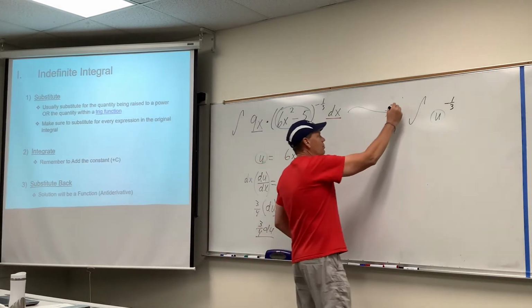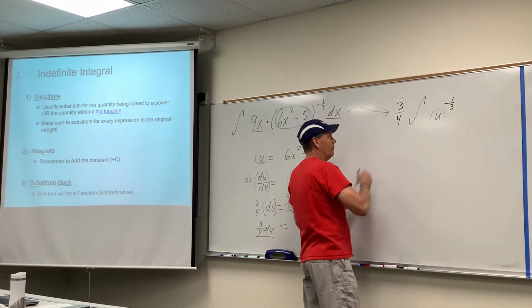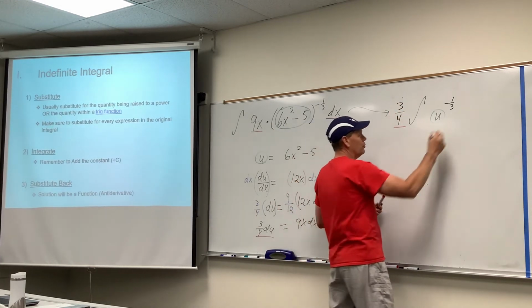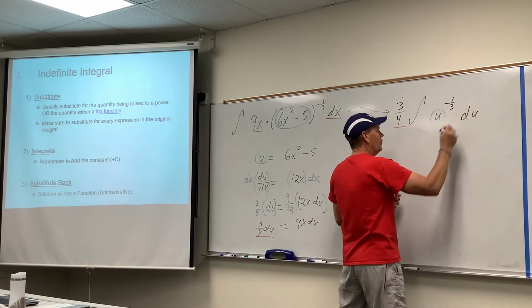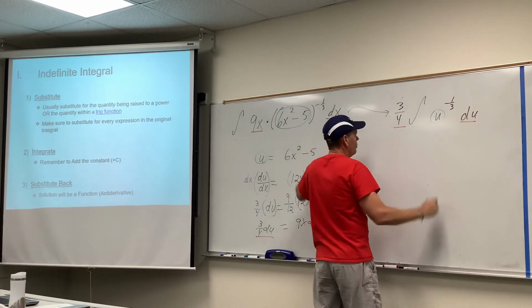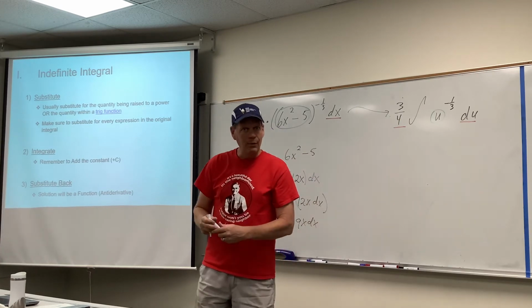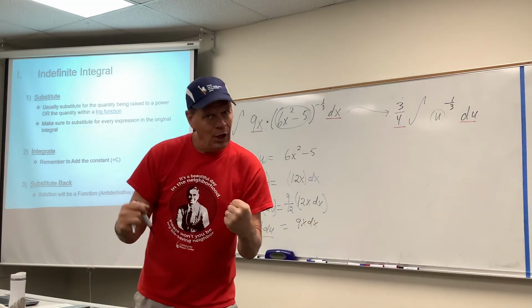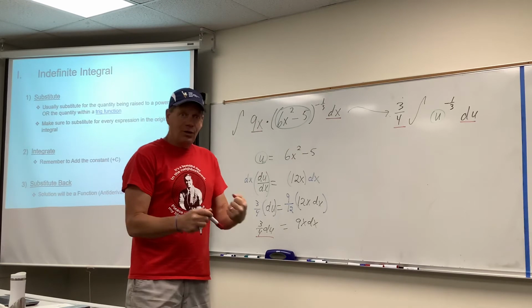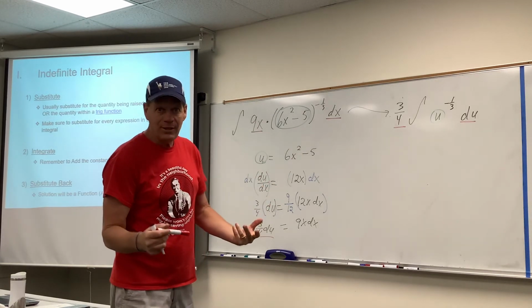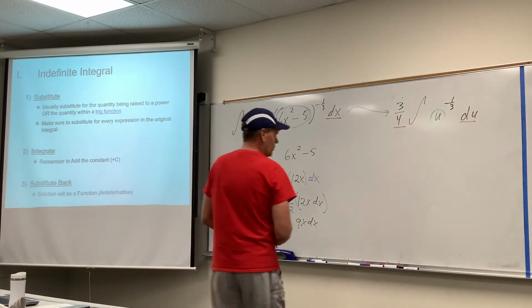I always put the numerical multiplier in front of the integral just to avoid confusion, and then the du. So the 9x dx got replaced with 3/4 du, and everything in the original integral got replaced. Yes! And that new integral is easier than the original. That's the whole point in doing substitution.